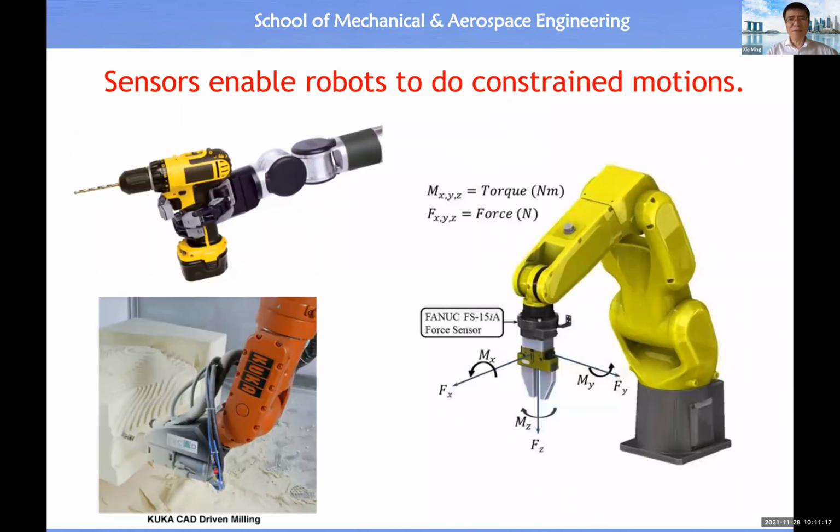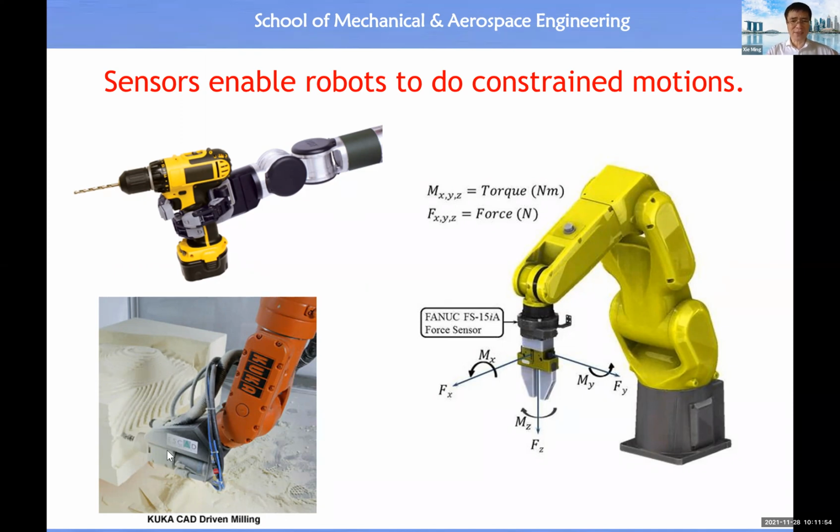Then for constrained motion, because a robot can carry its hand or tool to perform a motion in a three-dimensional space, when there's an interaction with the environment or due to the gravitational force, then this robot is undergoing or performing constrained motion. The typical example is this one: the robotic arm carries a tool to perform a milling process.